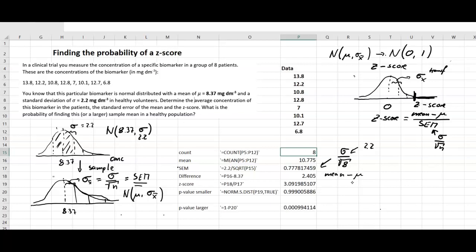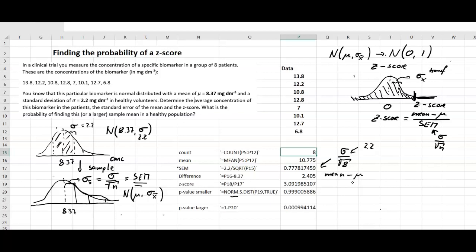And as we can see, this is probably a very small number. So what we can use for that is the NORM.S.DIST function in Excel. That's this function here, which doesn't give us the p-value to the right. It actually gives us the p-value to the left of this z-score.